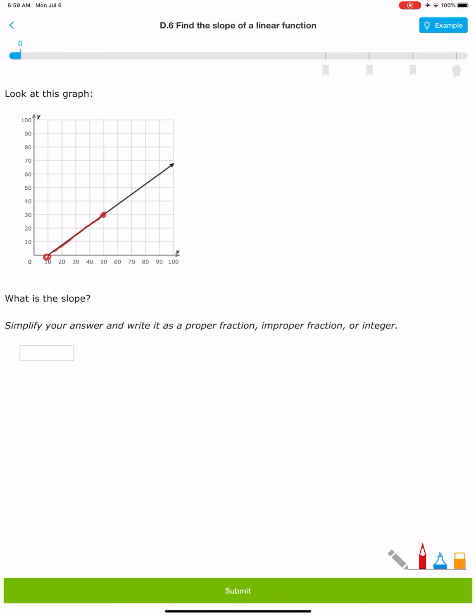If I rise this many and I run this many, how many did I go up? I went up 30 and I went to the right. We start at 10 and we end at 50. How many did I run? I actually ran 40. Okay? So our rise over run is 30 over 40. You simplify that and you get 3 over 4.